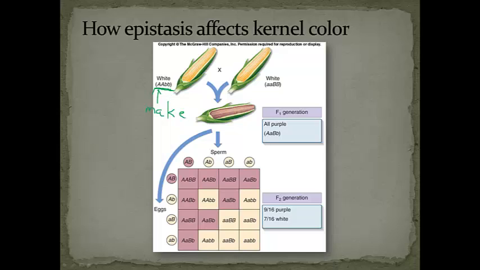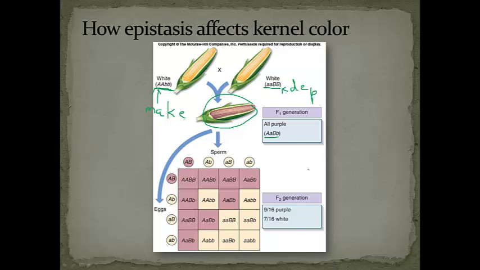Okay, but because our B gene is recessive, we don't deposit it. Over here, we deposit it, but we don't make it. And if you don't have both, you're just out of luck. It's no good. Okay, but when you cross these, we wind up heterozygous for both traits, so we get purple.